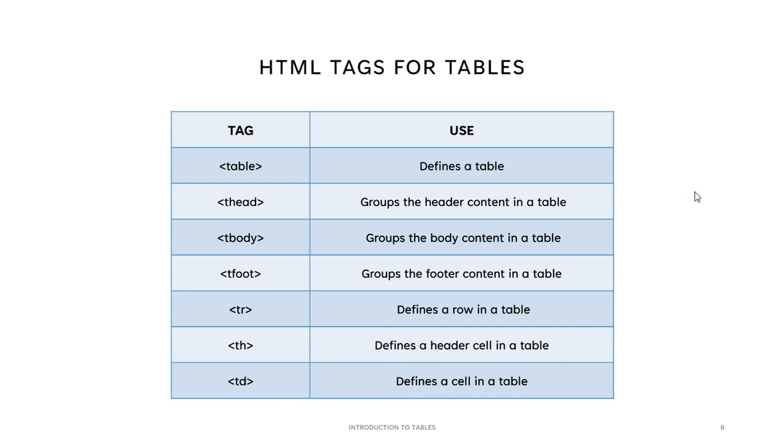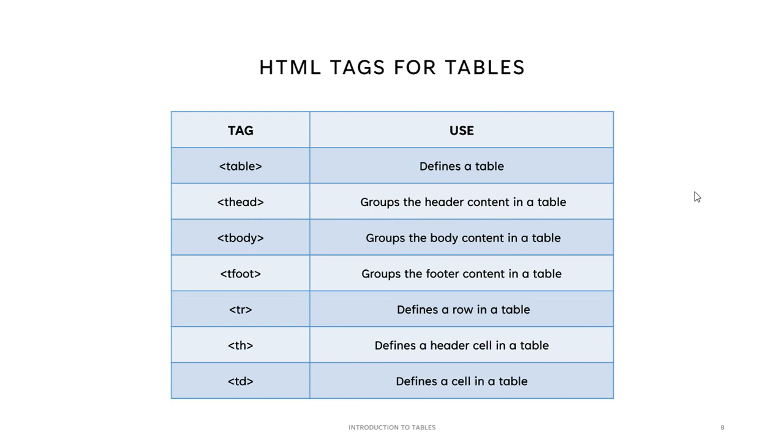In order for us to code or to build our tables using HTML, we make use of tags. I'm sure all of us are familiar with tags. There are several tags that we use to build our tables.